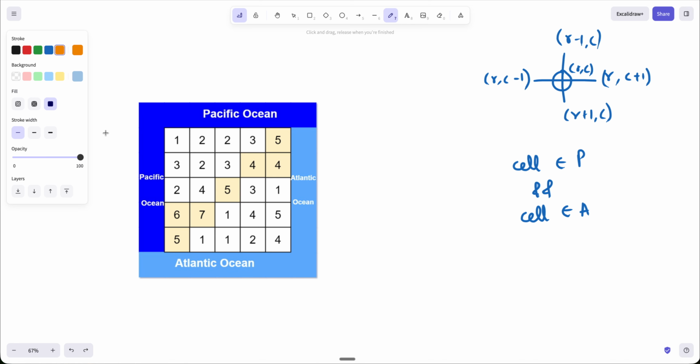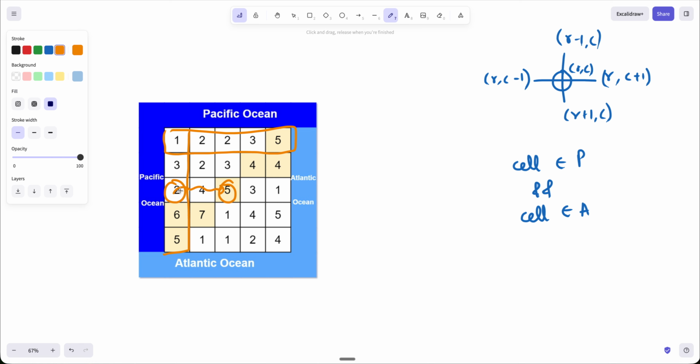So now, instead of starting from each cell, what we are going to do is a reverse action, wherein we assume that the water at this particular row can in any which way flow to the Pacific Ocean. Same thing with respect to this column. So now we are going to go through every cell from here to see if we can flow to that particular cell.